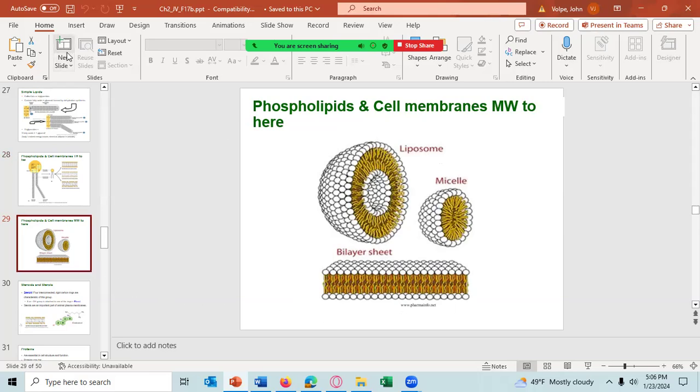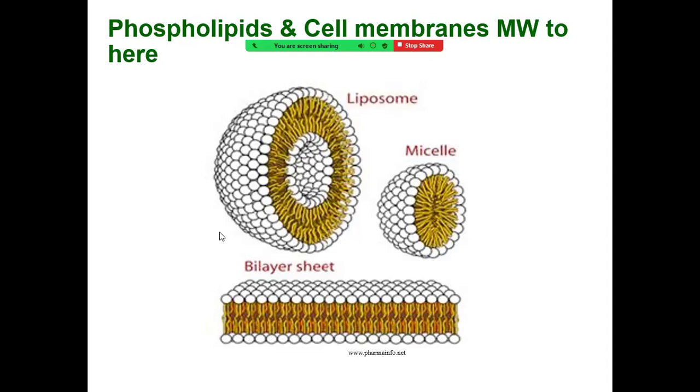like this. Let me make this a slideshow. They'll start lining up so that the fatty acid portions of the molecule come together and are away from water, which is on the outside.